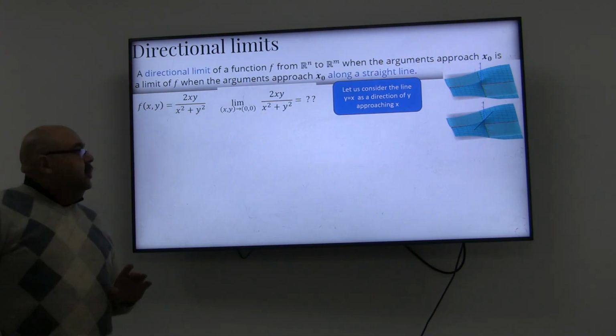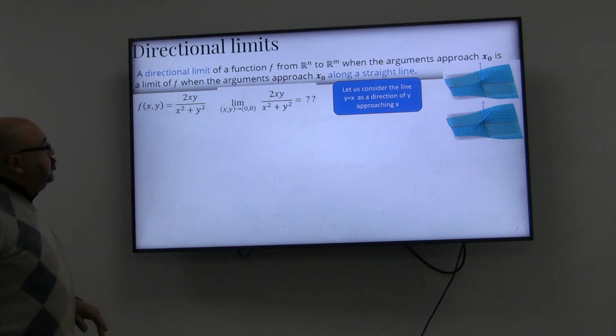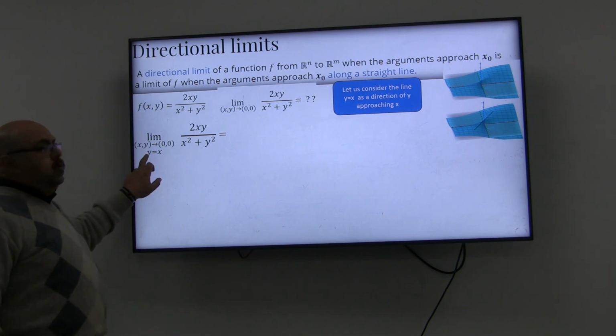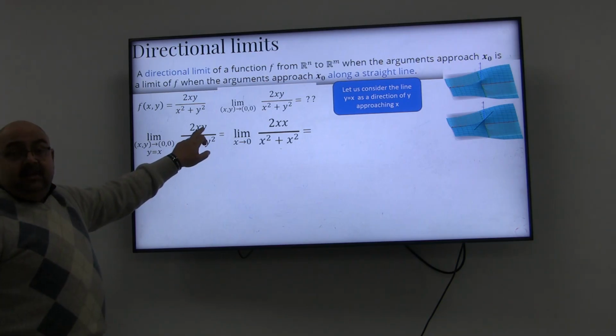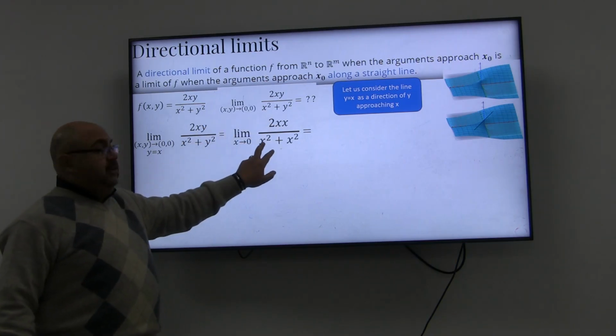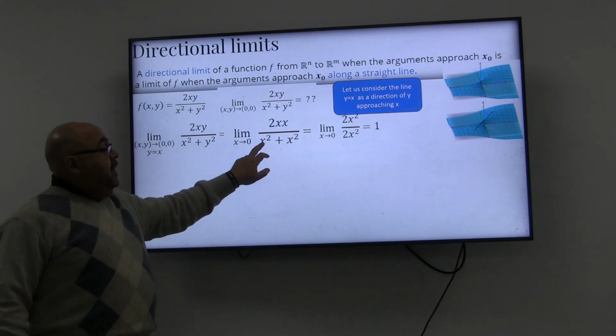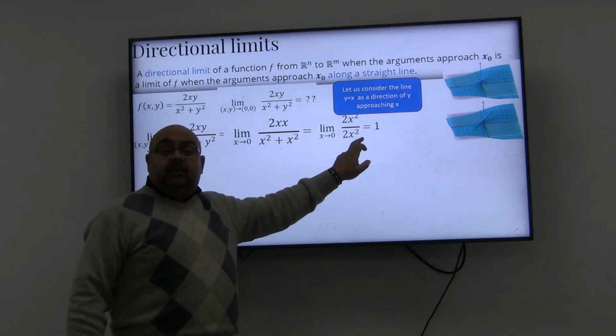So once more, here is the trial. When y is equal to x, I will make a replacement, Ahmed, replacing every y by x. So it's going to be 2 over x squared divided by x squared. I can simplify it, so the limit is equal to 1.